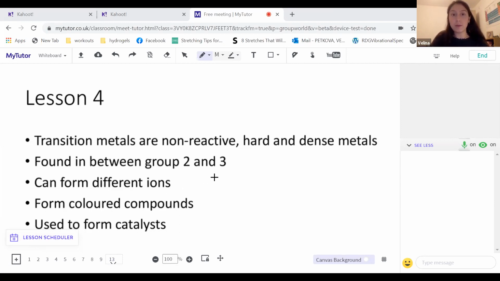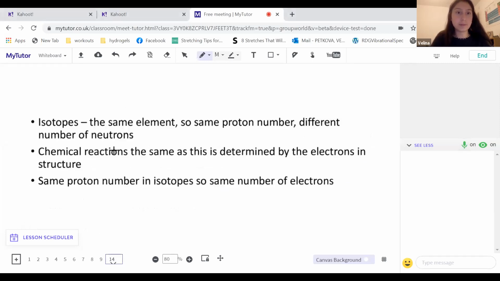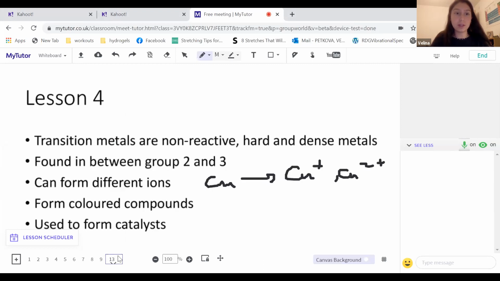Like we learned about copper, it can form 2 different ions, copper plus and copper 2 plus. They also form colored compounds, which alkali metals do not. And they're used as catalysts. So that's a brief summary on transition metals.